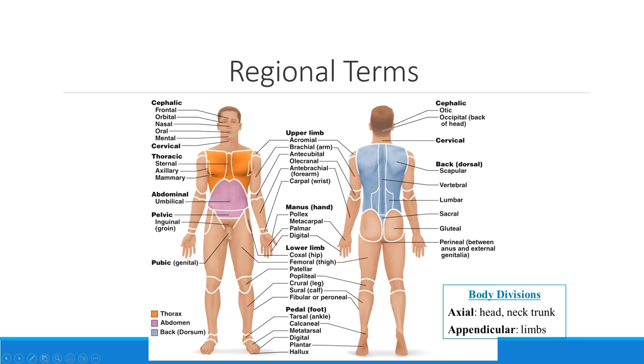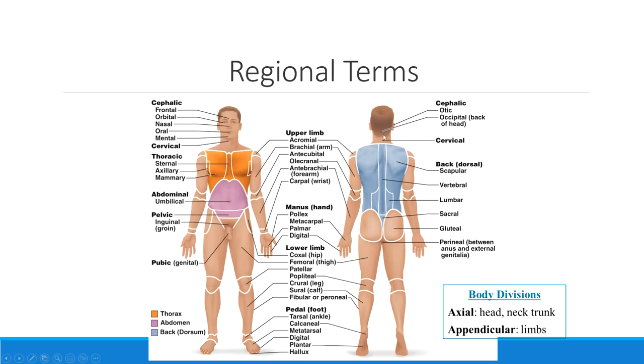Let's start over here on the right side of our page, where it talks about the two main divisions of the body. These divisions are going to be really important when we start talking about the bones of the body, but they're also a good big picture way for us to start organizing regional terms. When we talk about the two ways that we organize bones in the body, the first way is what we call the axial skeleton, or the axial region of the body.